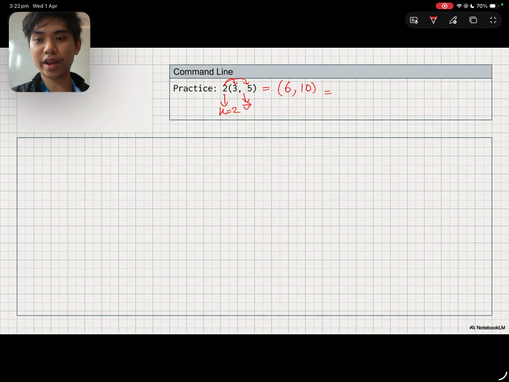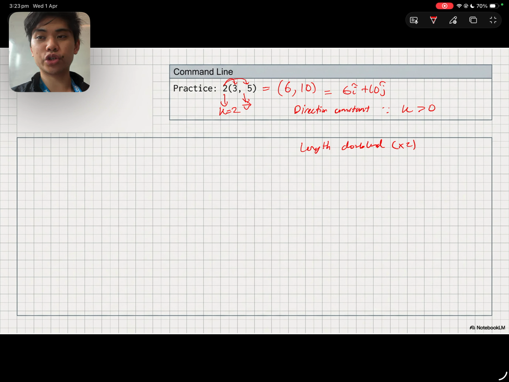Or we can rewrite that as 6i plus 10j, okay? So our direction is constant, because my k is greater than 0, right? The length has doubled, or multiplied by 2, because of our scalar quantity being 2.